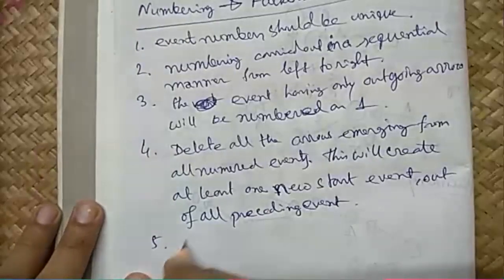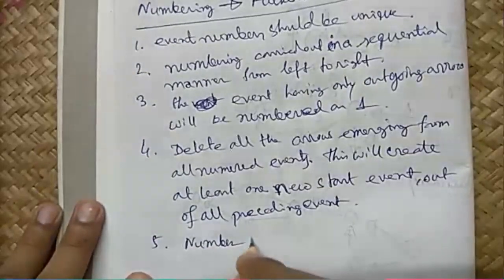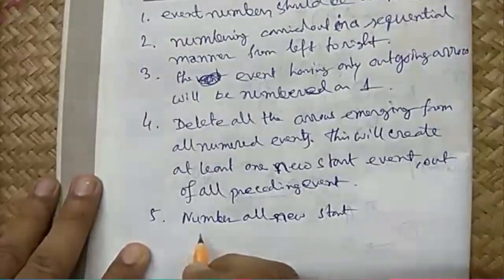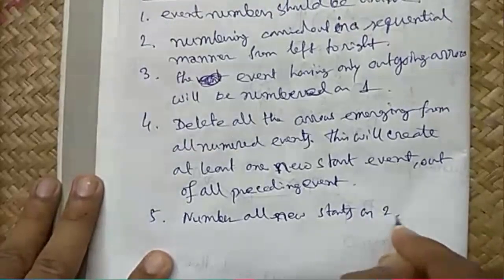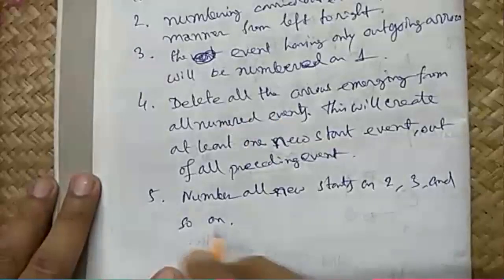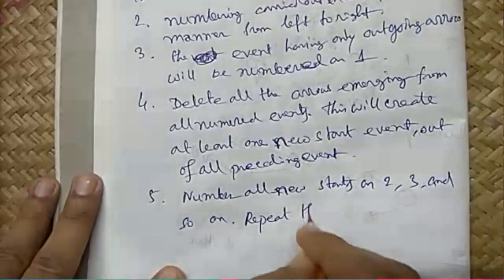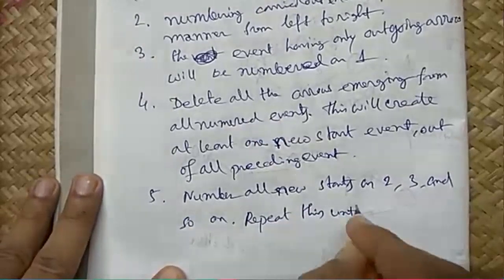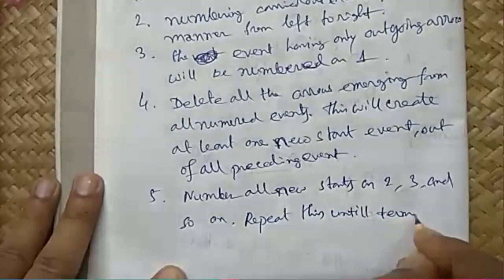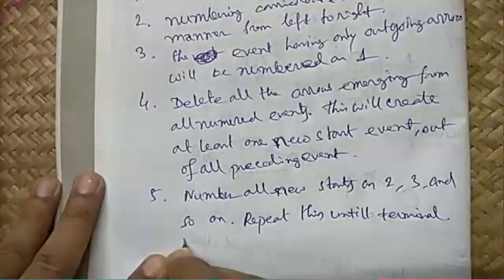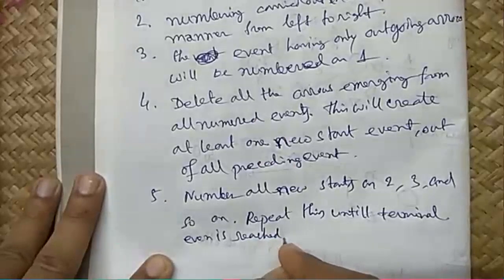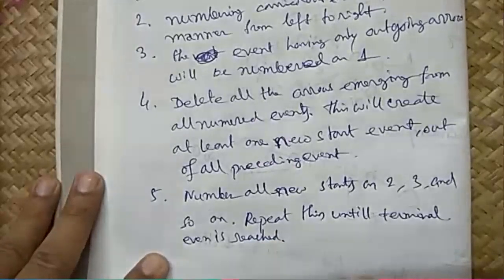Number five, number all new starts. What we are getting in the last line, number all these new starts as 2, 3, and so on. Now repeat this process until the terminal event is reached, and then number the terminal event suitably.